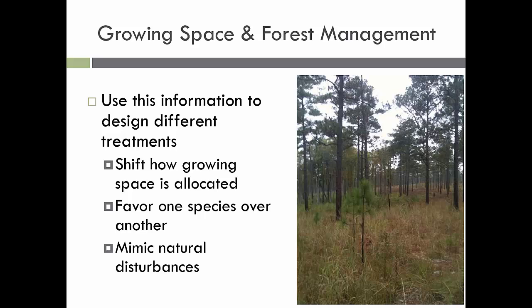That growing space is both being recaptured by the remaining overstory trees and captured by these new understory, regenerating individuals. So we're shifting how growing space is allocated from all overstory to this mix of overstory and understory individuals. And this is thought to favor natural disturbance, since in a lot of these systems, fire was one of the main disturbance agents. So fire shifted how growing space is available.